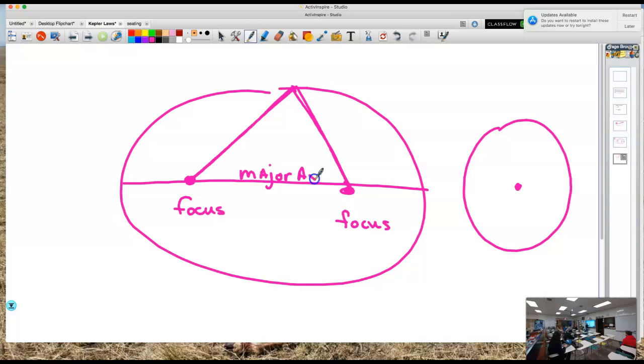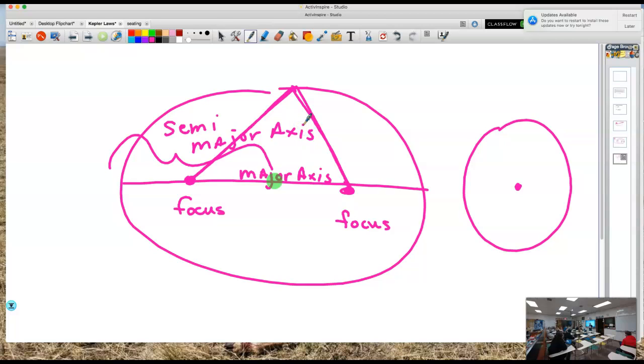Major axis, right? So what's the semi-major axis? Yeah, the semi-major axis is one half of the major axis. And as you read, the ray through the focus. So this distance is the semi-major axis. Does that make sense?